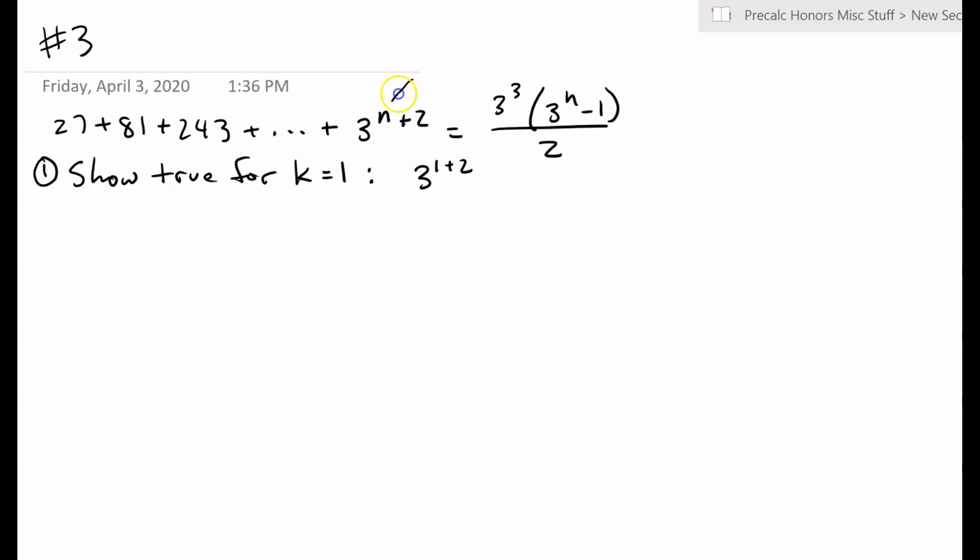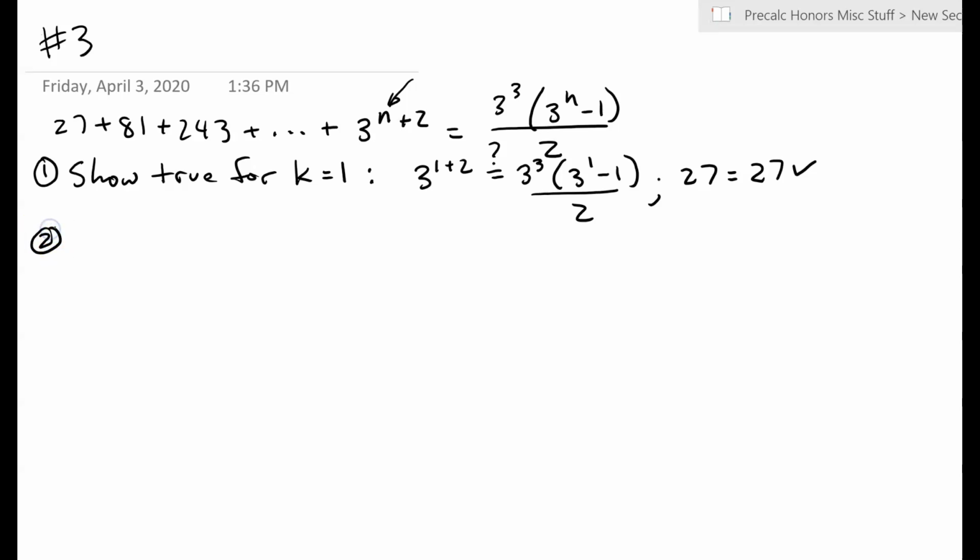We're going to plug 1 into that, and we want to show, don't forget your question mark here because we don't know that it's equal yet, 3 to the third times 3 to the first minus 1 over 2. And we get 3 to the third on this side, which is 27. And on this side, we're going to have 27 times 2 divided by 2, so that's also 27. So we've shown it true for k equals 1.